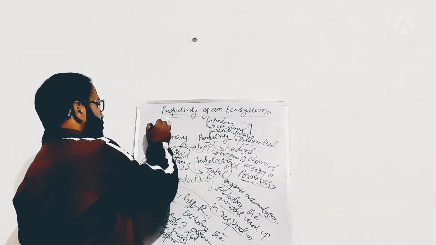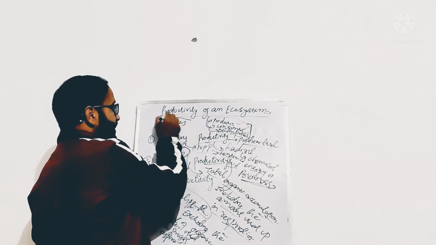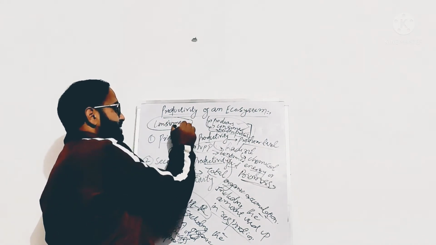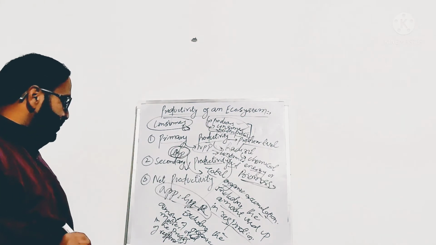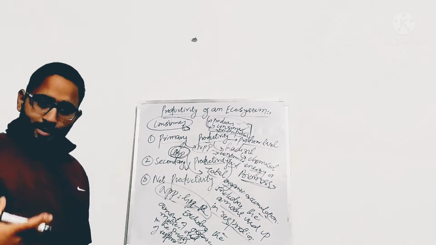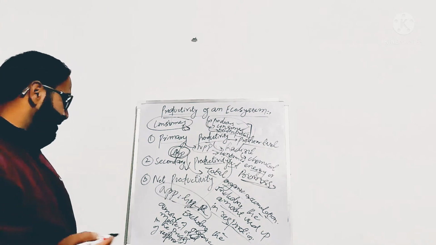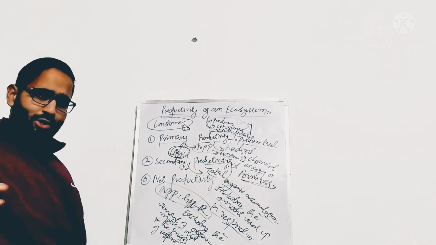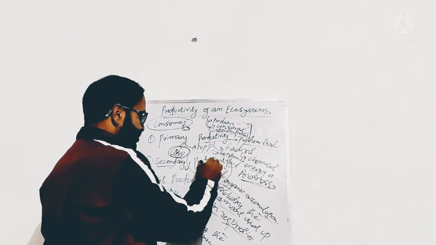The consumers which are present in an ecosystem, how much energy would be accumulated by these consumers. So secondary productivity is the amount of energy or organic matter accumulated by consumers per unit area per unit time. So energy accumulation at consumers.